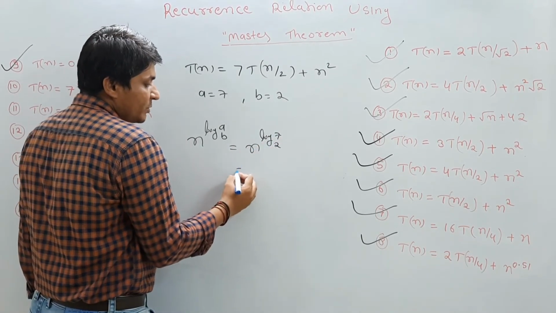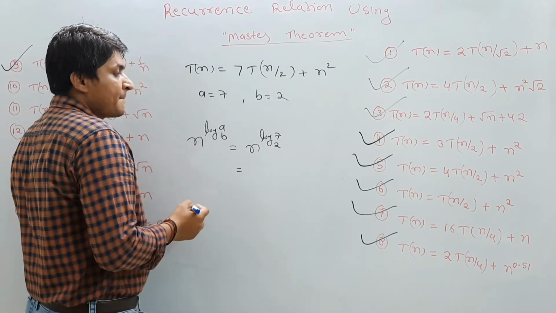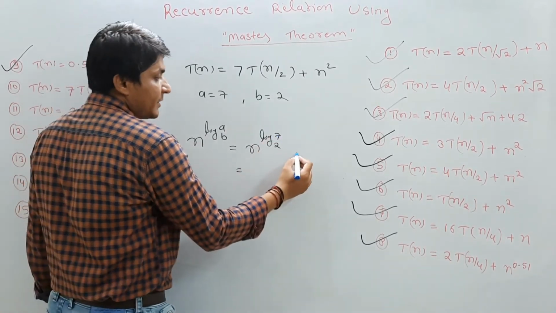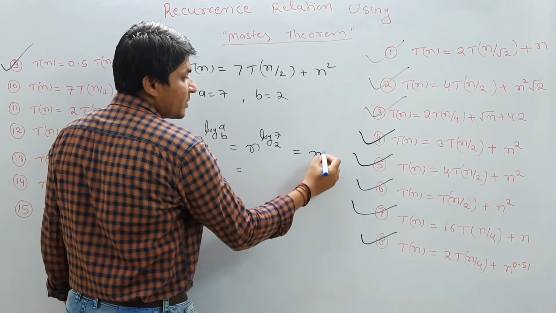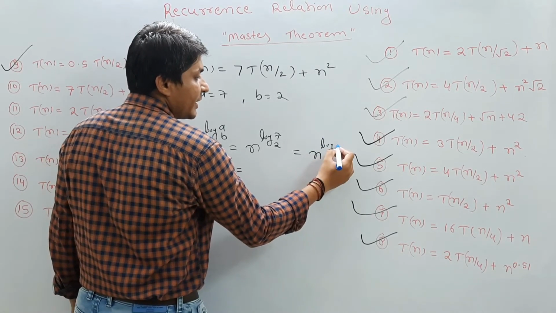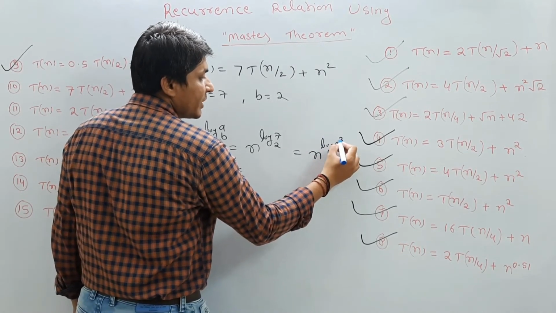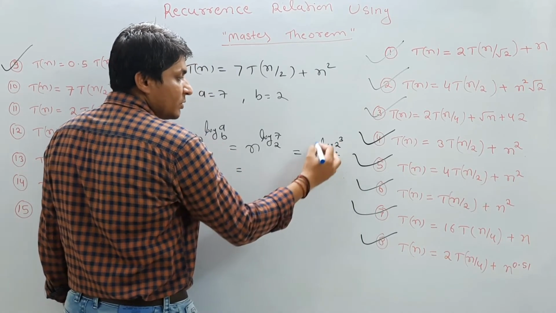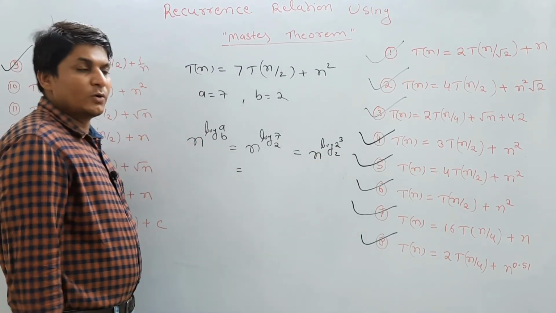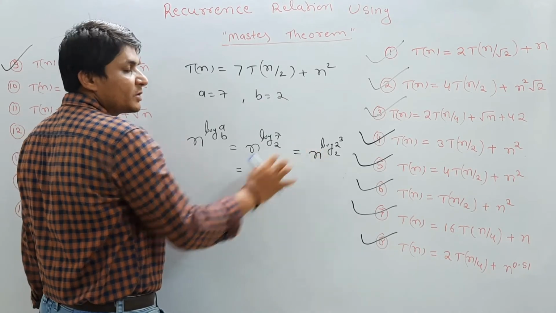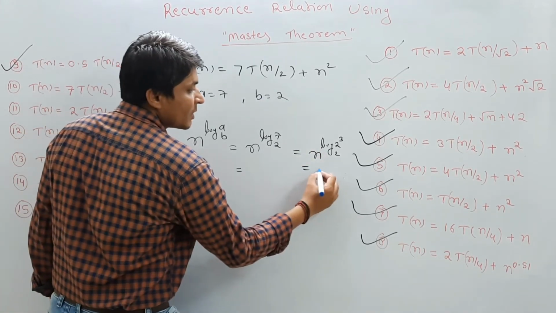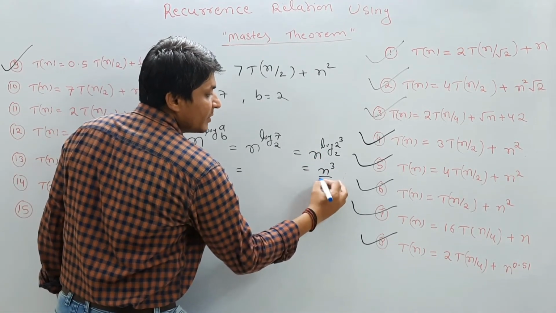It has to be less than 3. See, if it is 8, let me write n raised to power log 8. 8 can be written as 2 raised to power 3 and base 2. So it will come n raised to power 3.